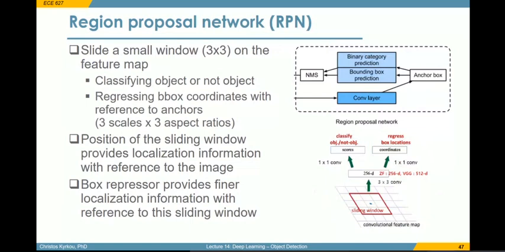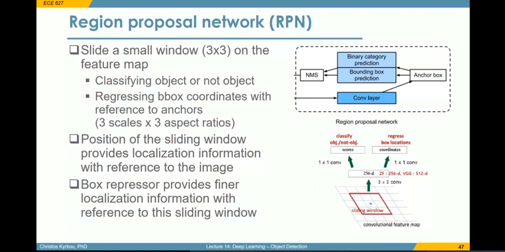The region proposal network that they propose is essentially an additional convolutional layer with a 3x3 kernel. And at each location, this layer predicts a feature vector that is then further processed to generate multiple region proposals using the anchor boxes as reference with different sizes and different aspect ratios.